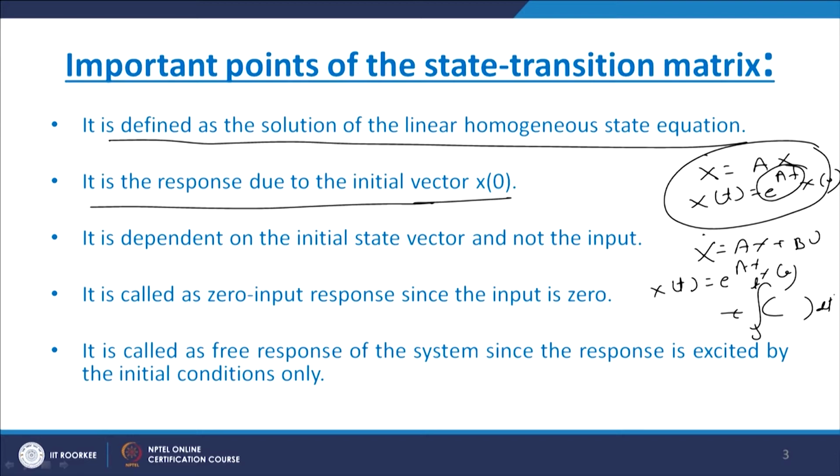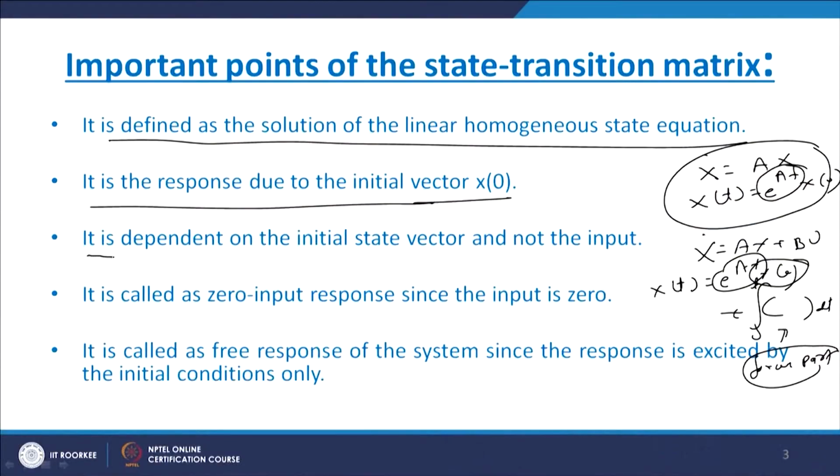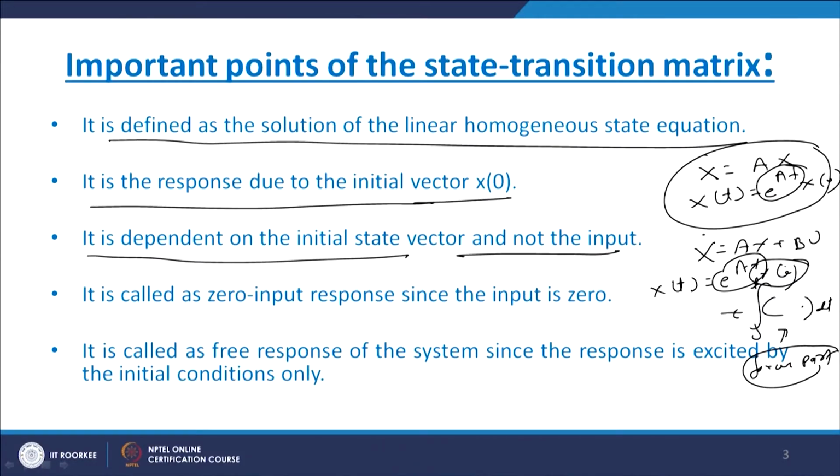In this particular case, e raised to a t is taken care of by x naught only, whereas the forced portion has no involvement of x naught. Therefore, it is dependent on the initial state vector, not the input. The input is concerned with the force part only. The state transition matrix is concerned with only x naught.